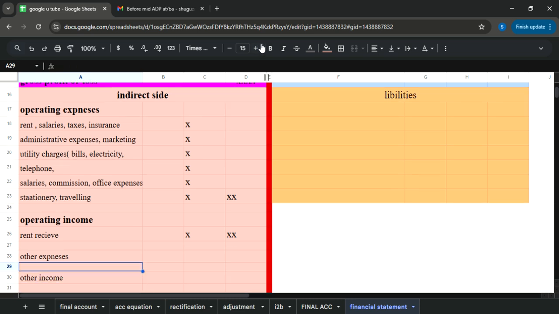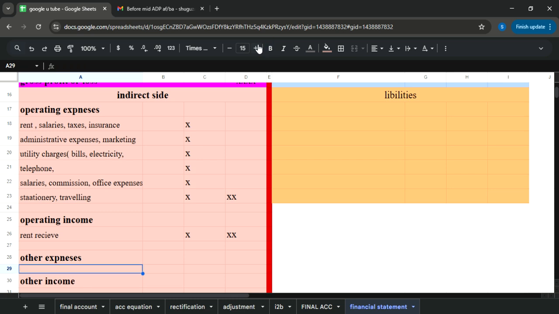Mainly we have written all our expenses. I'm going to increase the size, and this would be your other expenses and other income.